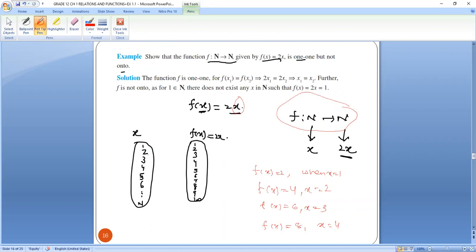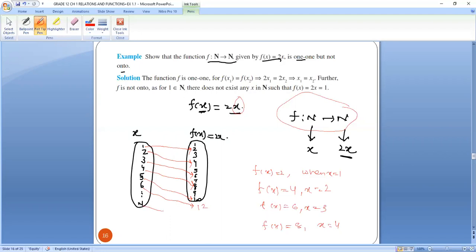Then we will check. 1 is going to 1? No. 1 is going to 2, 2 is going to 4, 3 is going to 6, 4 is going to 8, 5 is going to 10, 6 is going to 12, and so on.